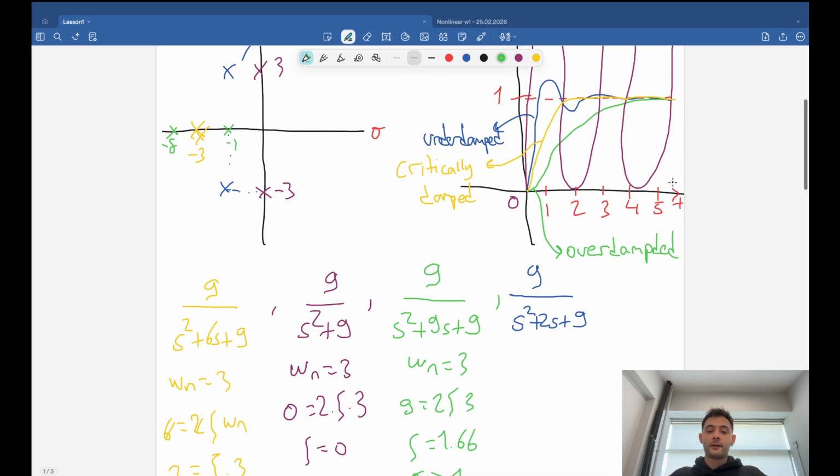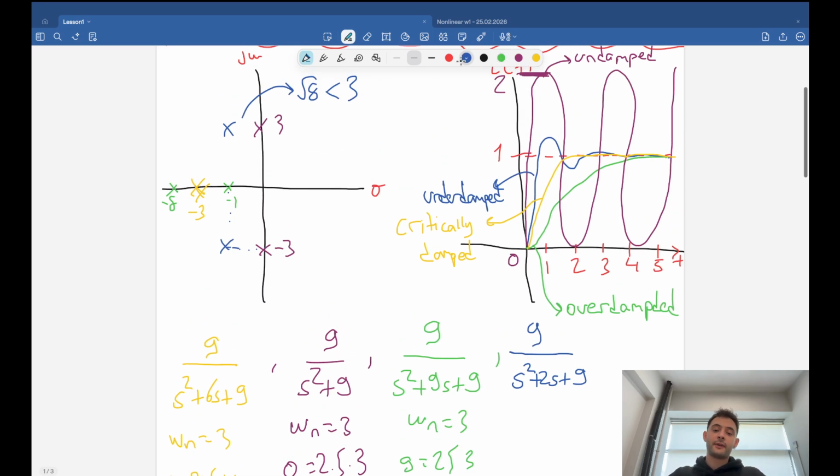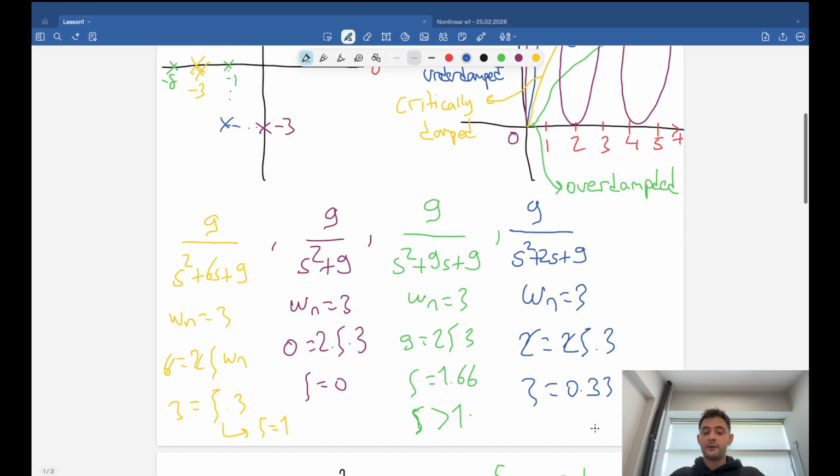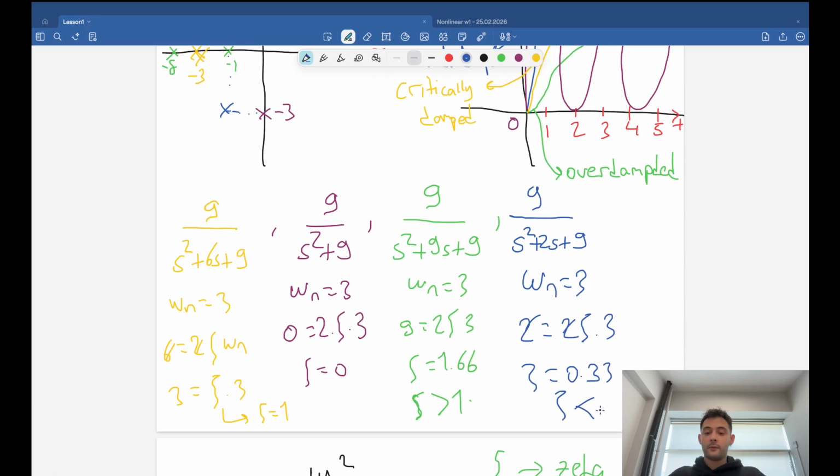And at the blue one, let's find out again. So omega n again is 3. 2 equals 2 zeta times 3. So zeta is going to be something like 0.33, which is less than 1. All right.